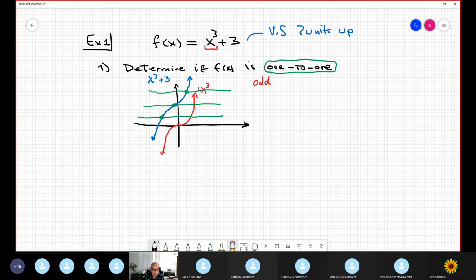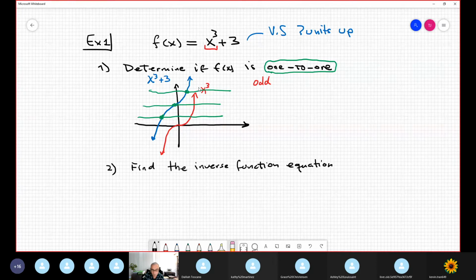Let's move on to the second step, which is to find the inverse function equation. Okay, does everyone understand step 1?